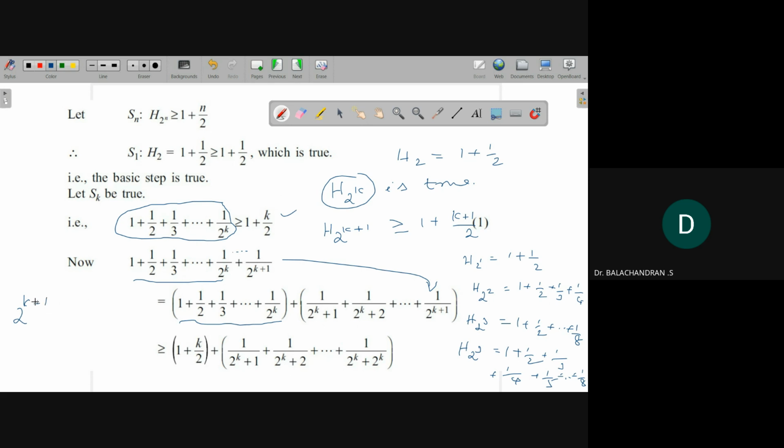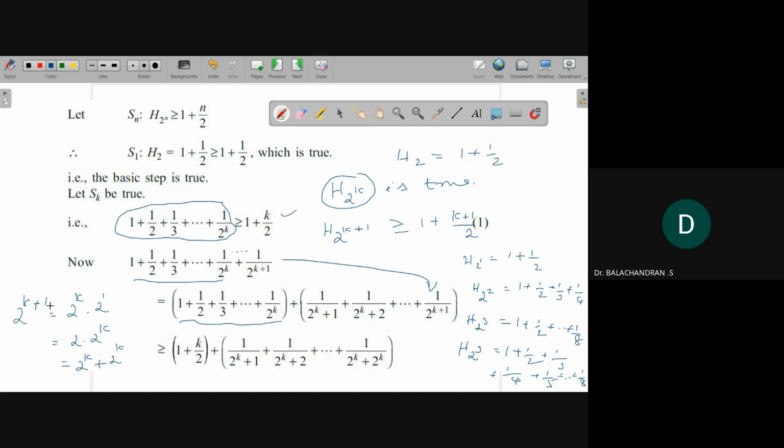You can write 2 power k into what? 2 power k into 2 power 1. So this is 2 times 2 power k, or you can write 2 times 2 power k as 2 power k plus 2 power k. So these two are the same.